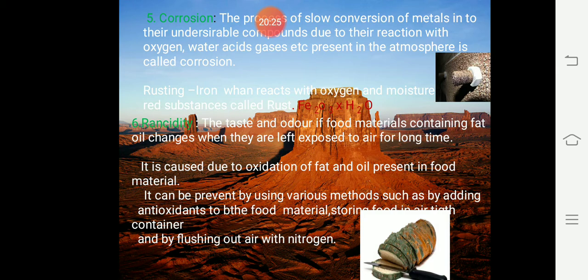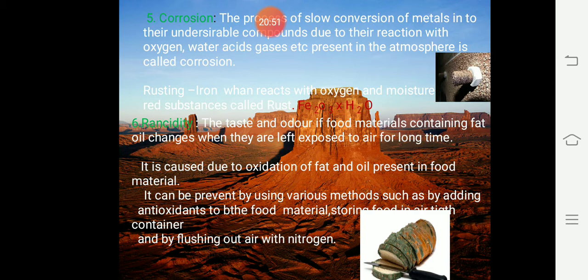There are various methods, such as adding antioxidants and storing food materials in airtight containers. This is very important. And one more method is flushing out air with nitrogen. These are all the methods to prevent rancidity.